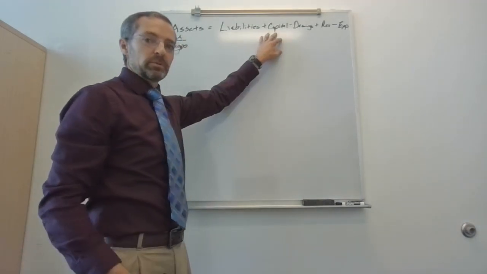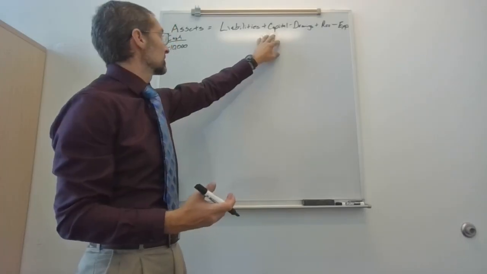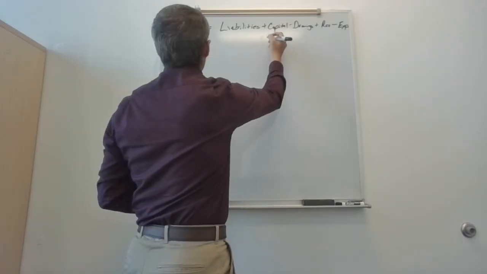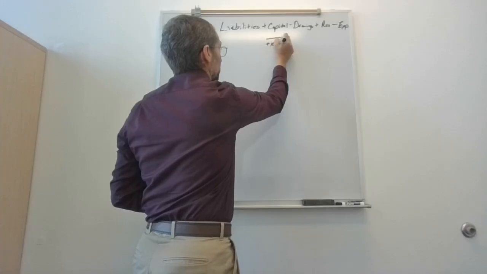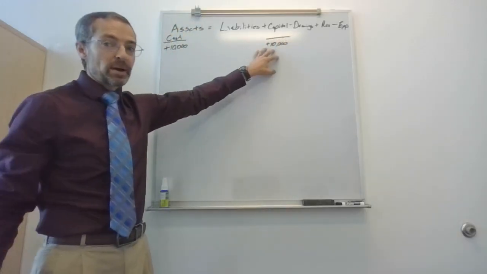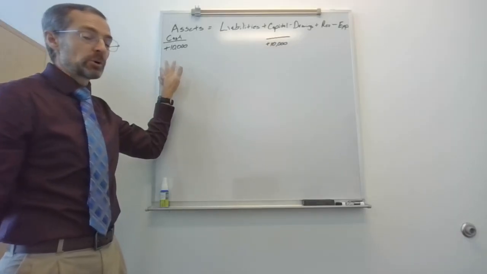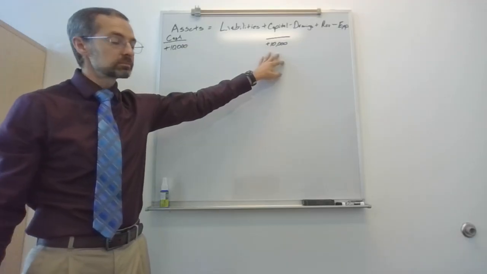And capital, which is a transaction from the owner, so the owner is putting something into the business, is also going up. And capital is its own account. All right, so we have assets going up, capital going up. Our accounting equation still works. We have 10,000 equals 10,000.